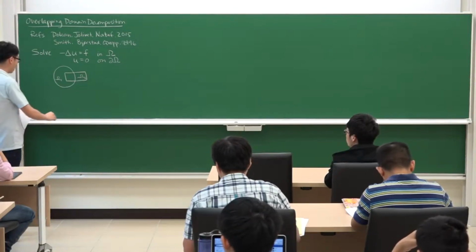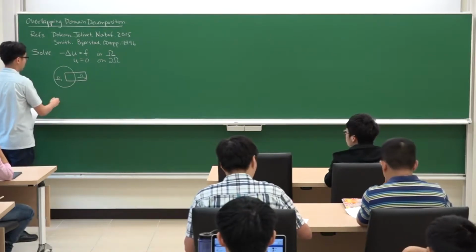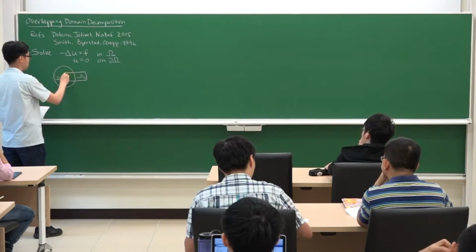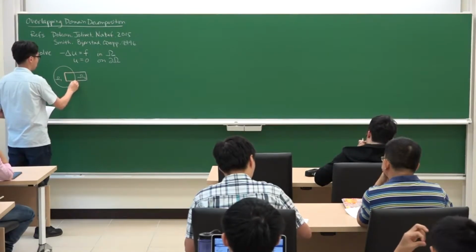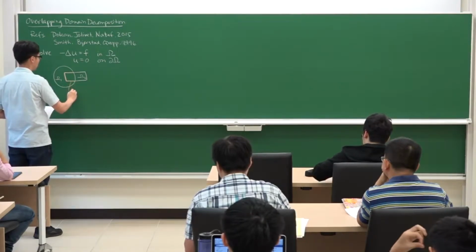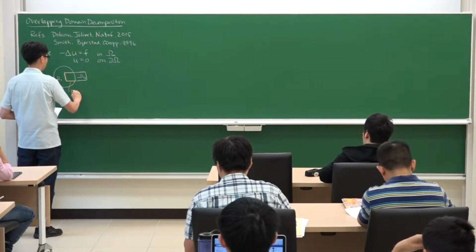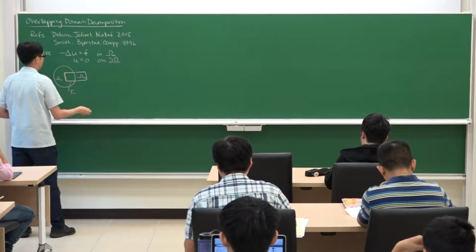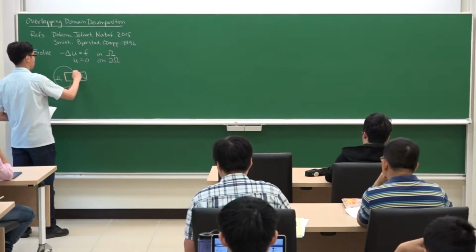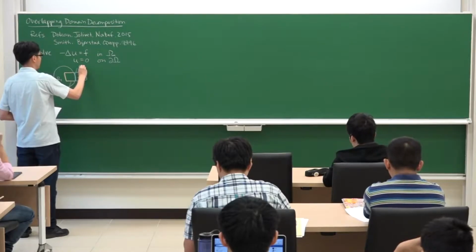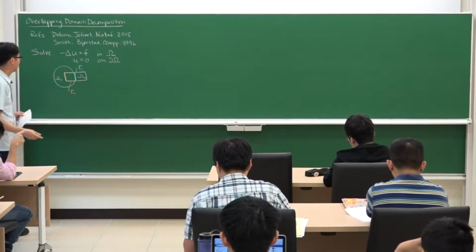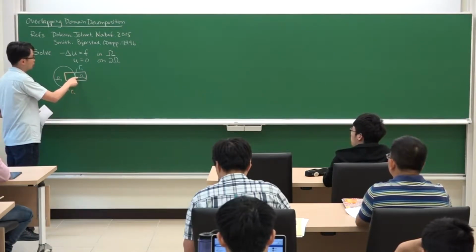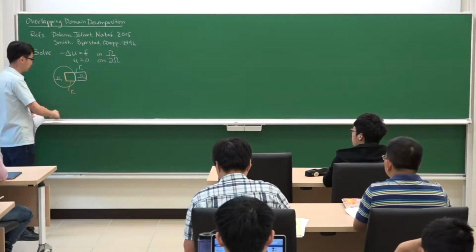And there are some boundaries, these internal interfaces. So this interface I'm going to call gamma 2, and this interface I'm going to call gamma 1. So gamma 1 is the part of the circle that is interior to the other subdomain, and vice versa.